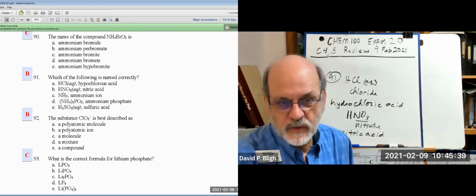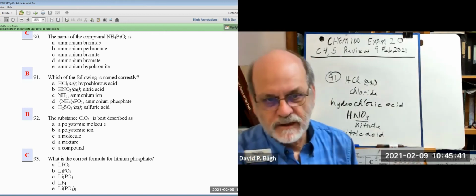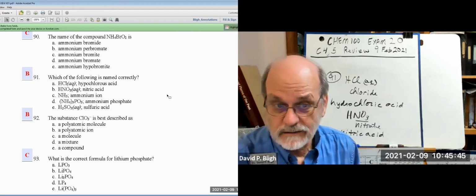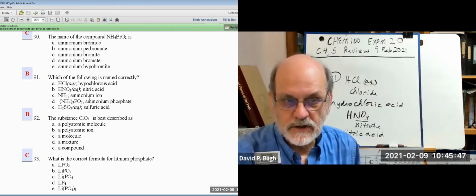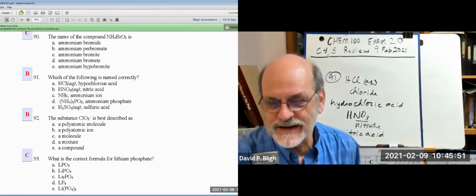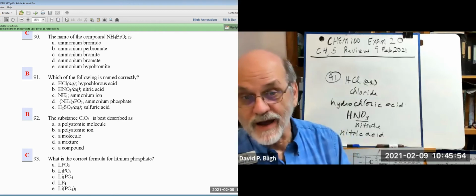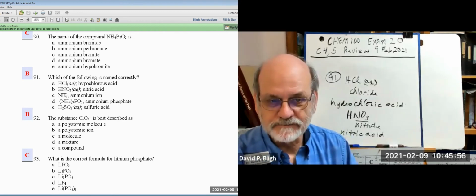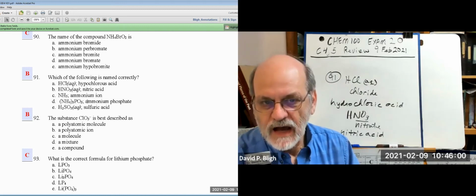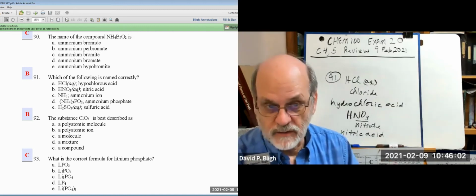How about this one? Just for kicks. NH3. Ammonium ion. Is that an ion? No. There's no charge there. So even if you don't know the ammonium part, you see that it's not charged. There's no ion. So that can't be right. NH4 3PO3. Ammonium, that's true.